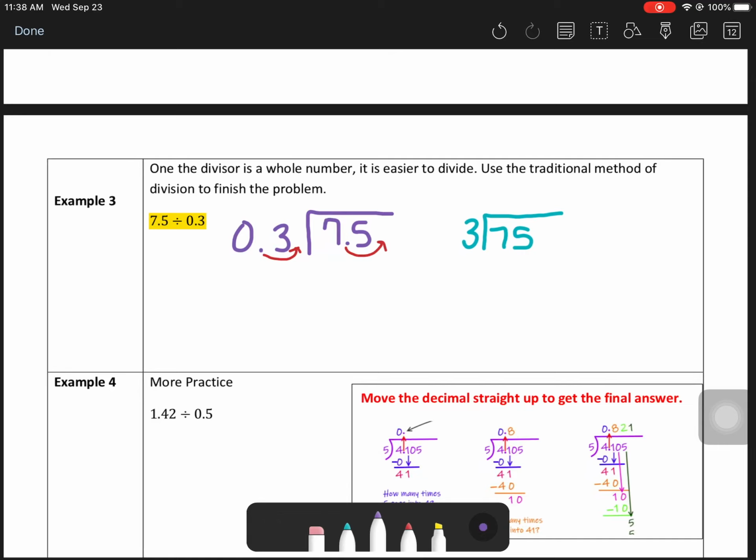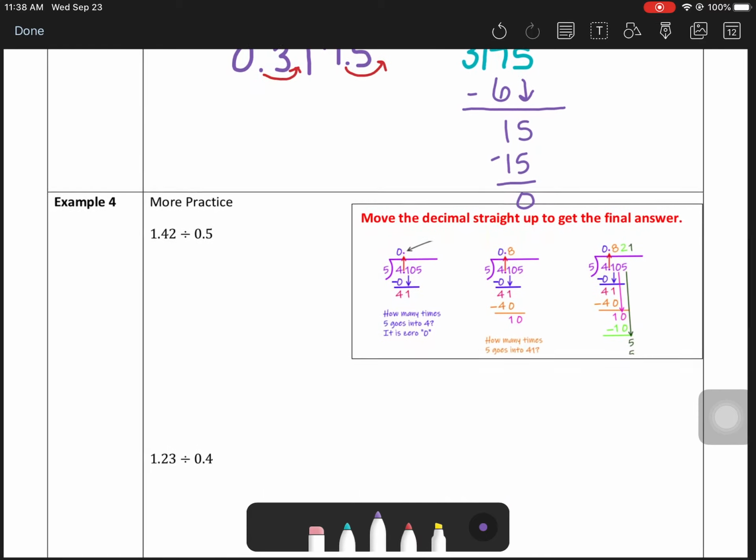So 2 times 3 is 6. And we put our 2 up here, and then we subtract. 7 minus 6 is 1, and we have to bring down the 5, which is 15. So how many 3's go into 15? 3 times 5 is 15. And so our solution, which is called our quotient, would be 25.